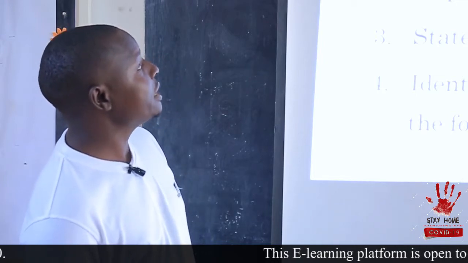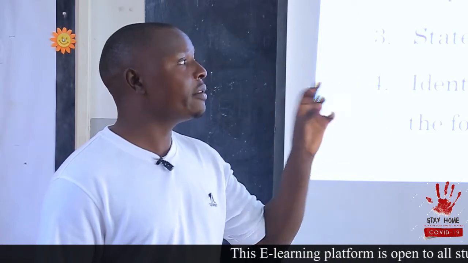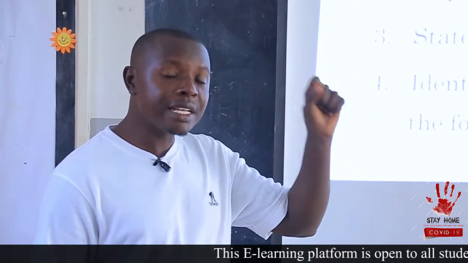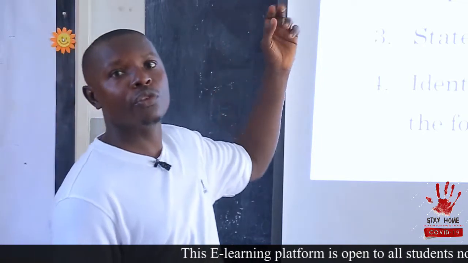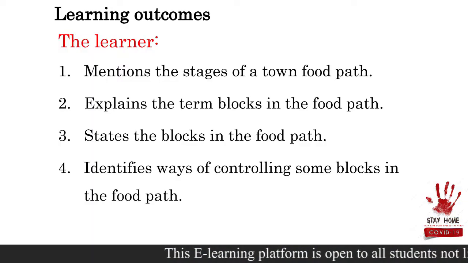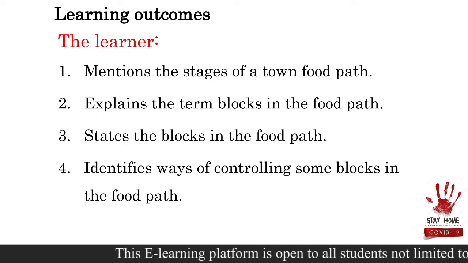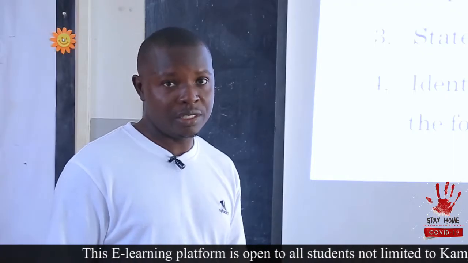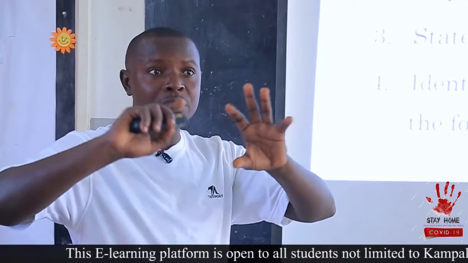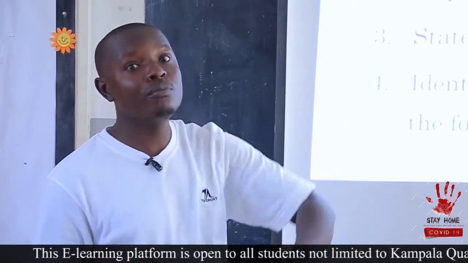So let's go to today's lesson and we see. With today's lesson, we shall be looking at the blocks in the food path and then the stages of town food path. And what do I expect from you in this lesson? One, you'll be able to mention the stages of town food path. Remember, we have been looking at village food path and we have put it down. We saw where people are preparing food and eating in the village food path.